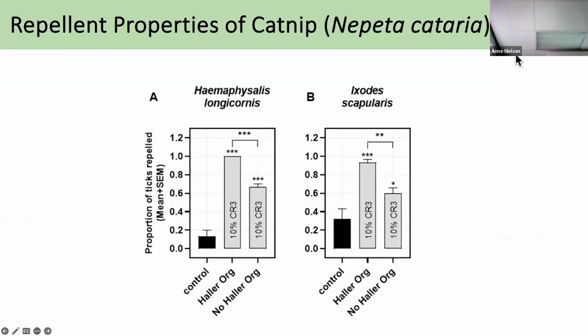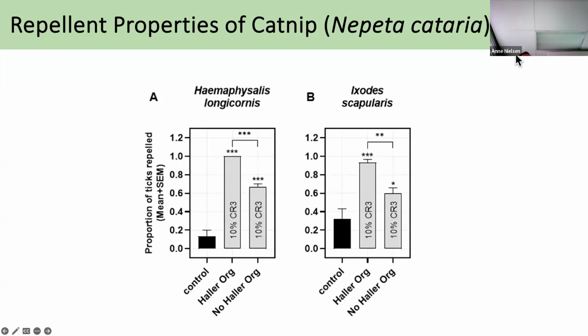The next stage was to look into what was the main organ associated with repellency for CR3 in Haemaphysalis longicornis and Ixodes scapularis. Ticks, unlike insects, don't have antennae, but they have an olfactory organ called Haller's organ. Haller's organ is probably not only an olfactory organ; it does other things.